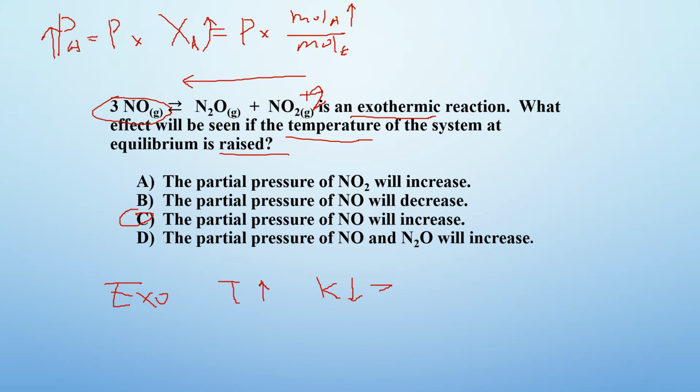Because the equilibrium constant is equal to the concentration terms of the products divided by the reactants, to decrease the K value, we need less product and more reactant. So we're increasing the concentration of the reactant, and you will end up with the same result. So C is the correct answer.